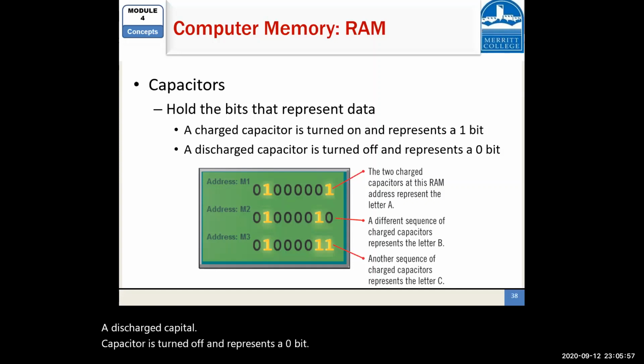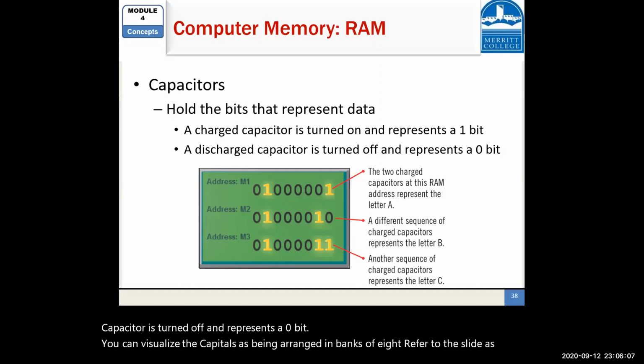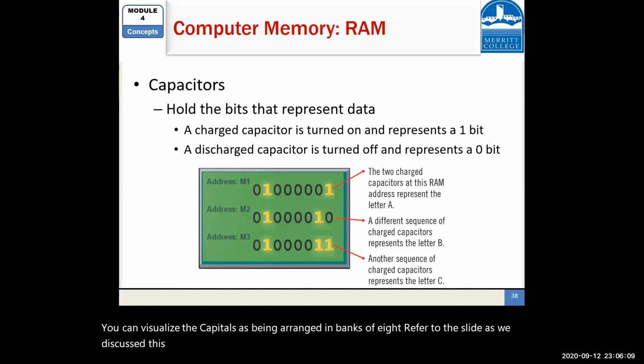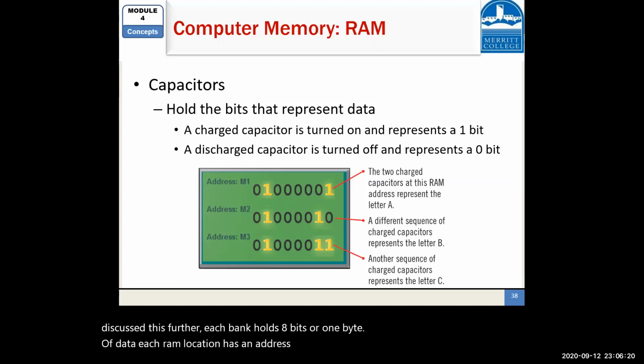You can visualize the capacitors as being arranged in banks of 8. Refer to the slide as we discuss this further. Each bank holds 8 bits or 1 byte of data. Each RAM location has an address and holds 1 byte of data.